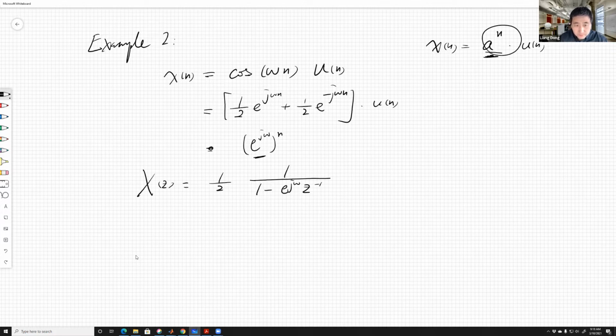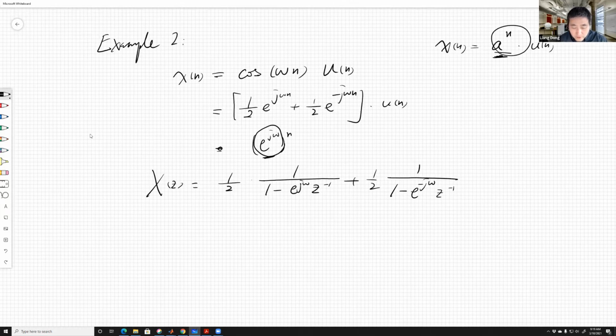This part is my root, so I put it in here in order to make sure that I have a pole at e to the power j omega. The second part is half over 1 subtract e to the power negative j omega z to the power negative 1. Okay, that's it. If you give that, it's already the final answer.